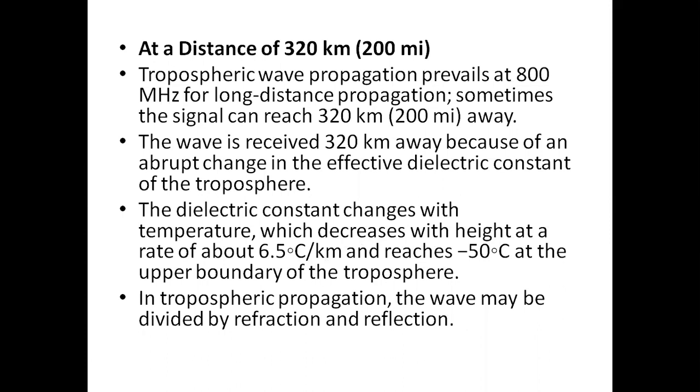So in tropospheric propagation, the wave may be divided by refraction and reflection. Here we are considering the distance of 200 miles. When the mobile unit is within that range, because of these tropospheric atmospheric conditions, there is a change in the dielectric constant, which also depends on the temperature, and the signal can reach 200 miles away.